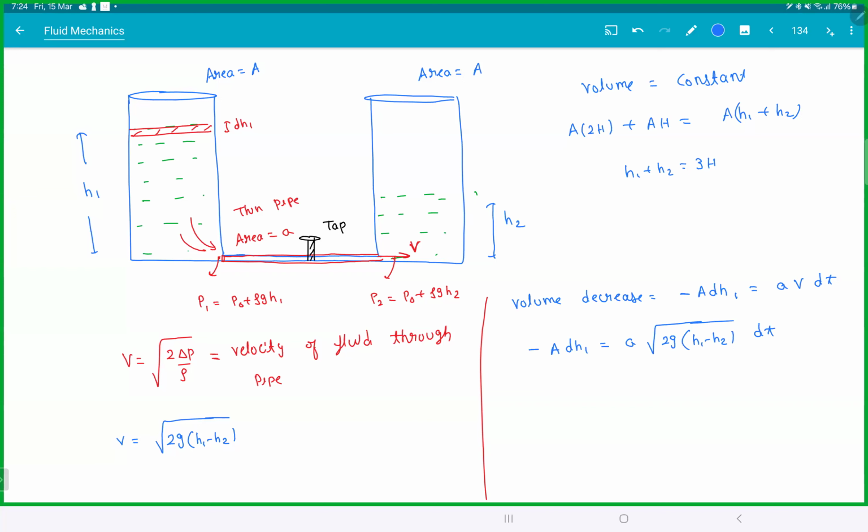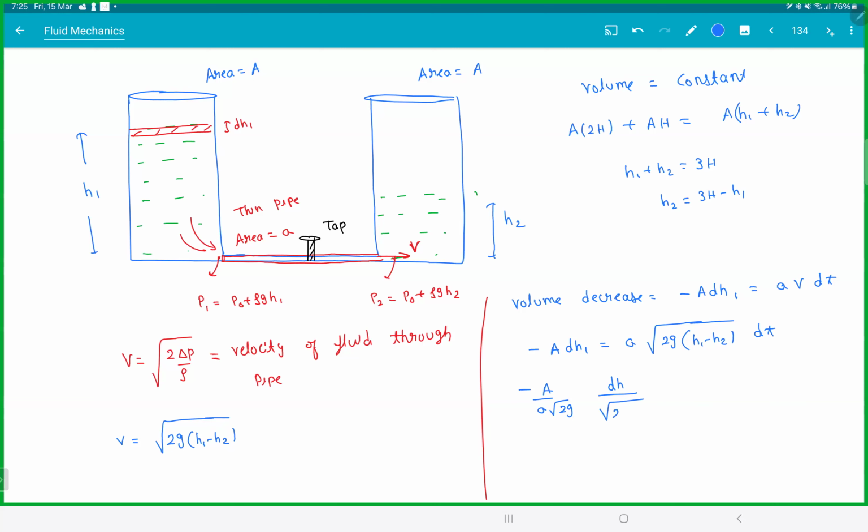h1, h2 both are variables. Replace h2 here. h2 is 3h minus h1. So minus A by a, root 2g, dh1 by root over (h1 minus 3h plus h1).